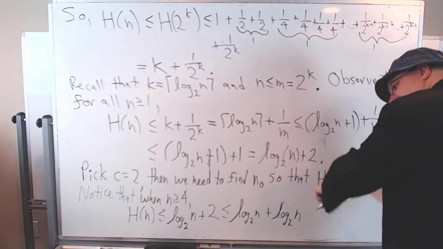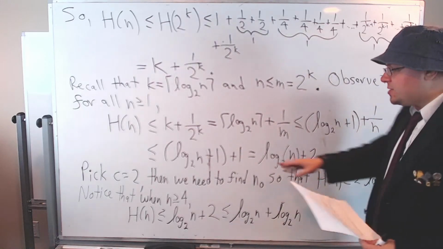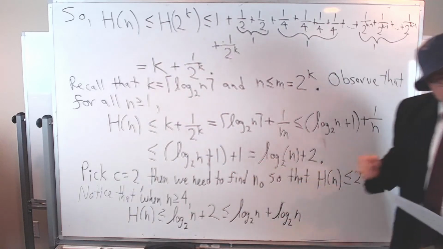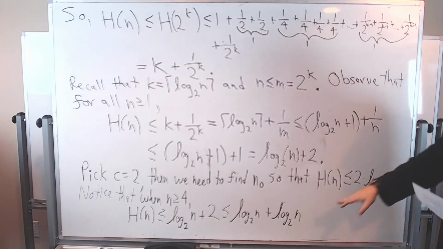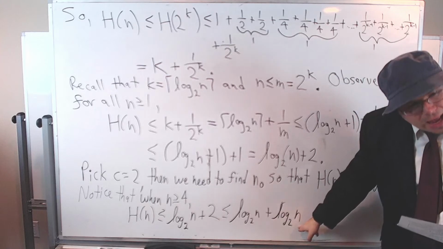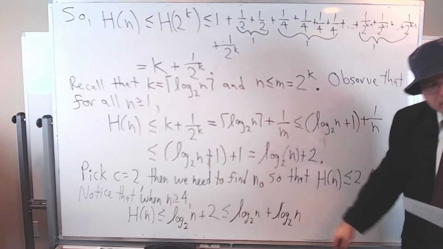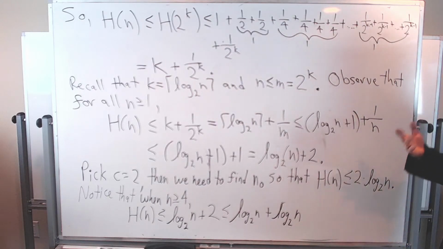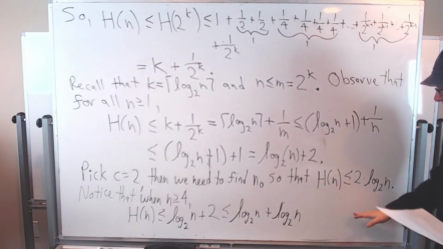Why is this? When n is greater or equal to 4, what can log base 2 of n possibly be, if n is 4 and greater? What's log base 2 of 4? It's 2, right? So that's basically my game plan here.